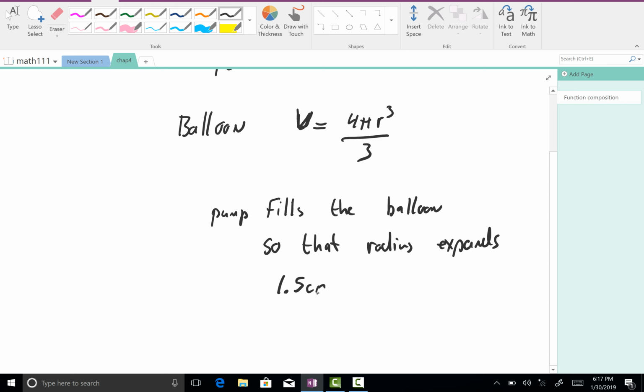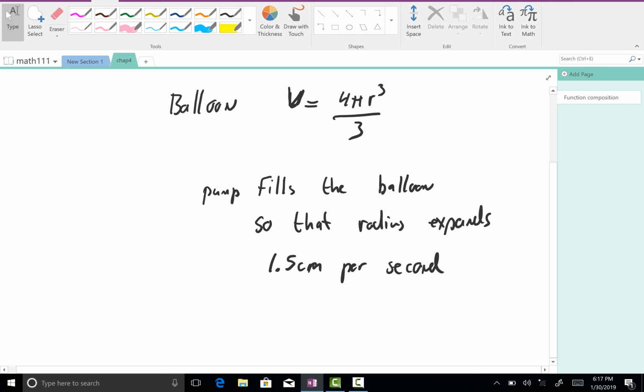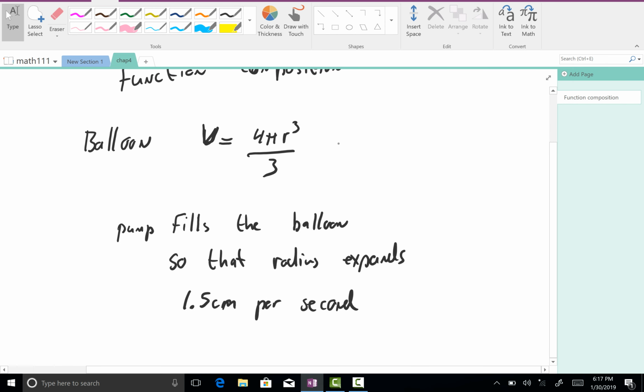We're going to do centimeters because it seemed like that made a little bit more sense in a per second thing. I thought 1.5 inches per second was quite a bit, so I said we'll just do 1.5 centimeters per second.